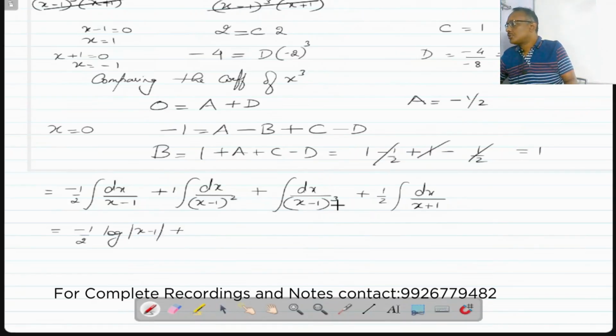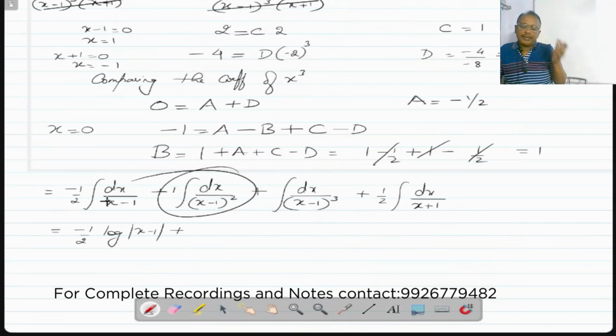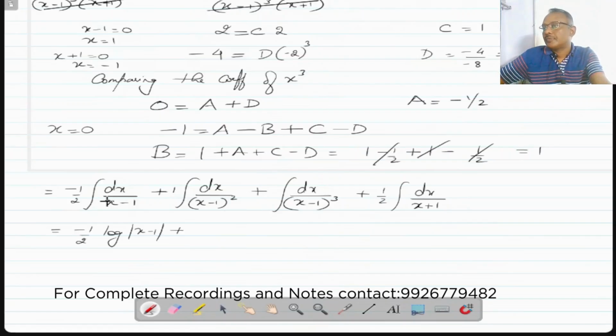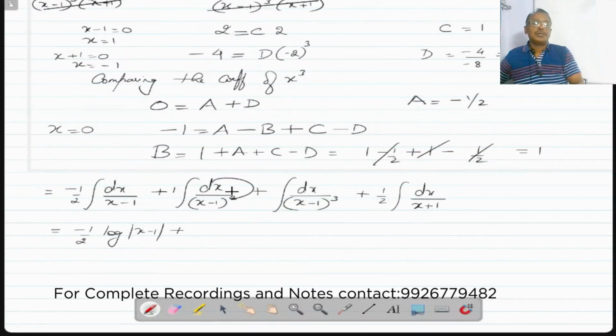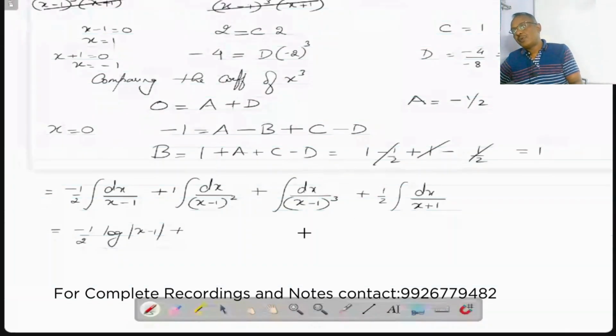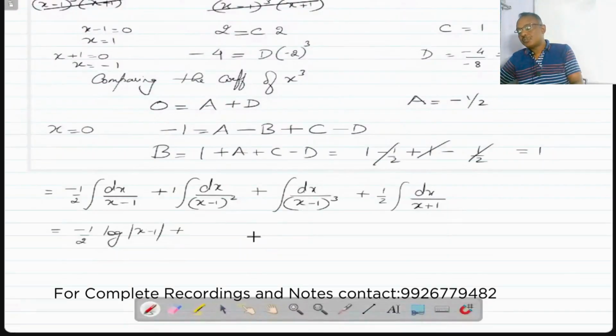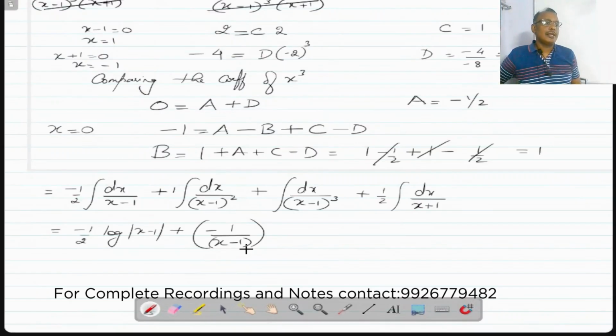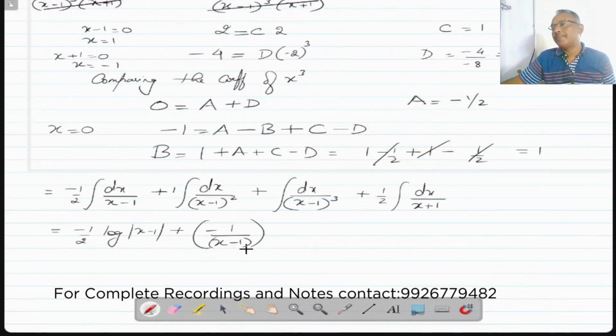बच्चों इसको कैसे इंटीग्रेट करेंगे? How to integrate this? It's to the power of minus 2, so minus 2 plus 1 upon minus 2 plus 1. It would be minus 1 upon x minus 1. मैंने तुम्हें रटवाया था 1 by x square का इंटीग्रल minus 1 by x होता है.